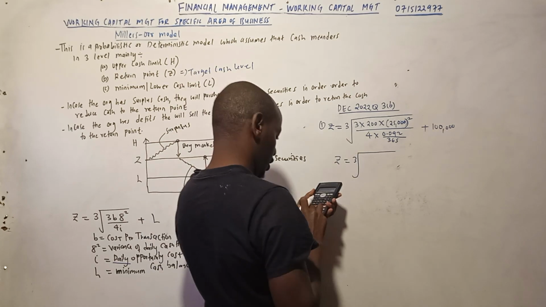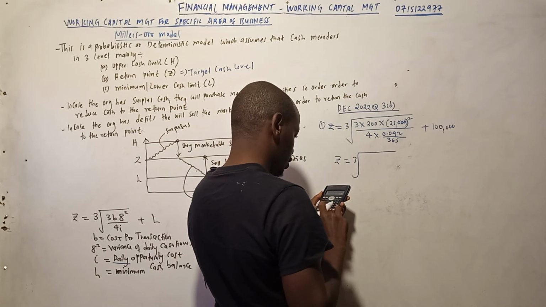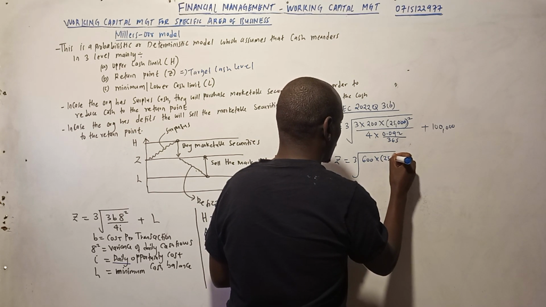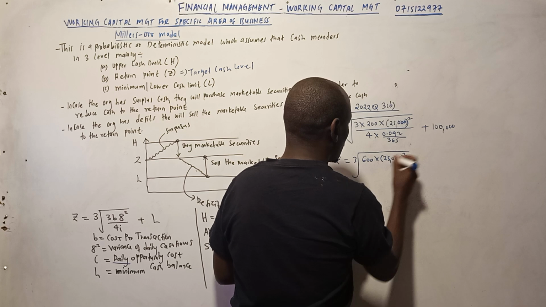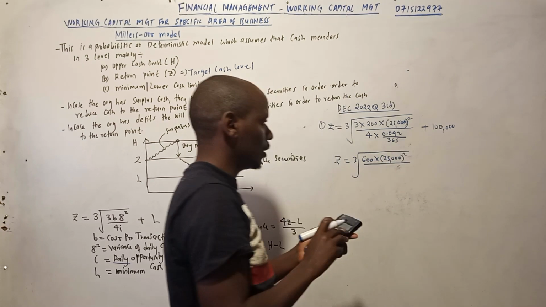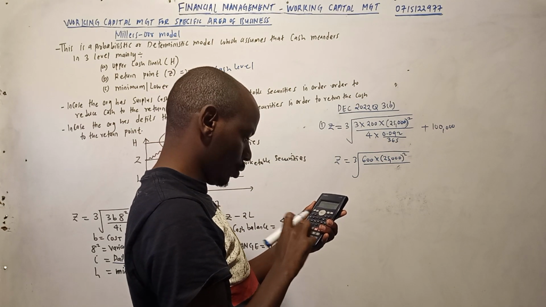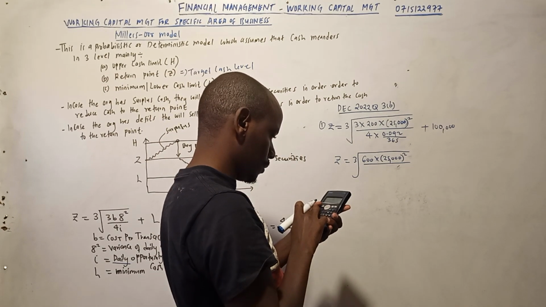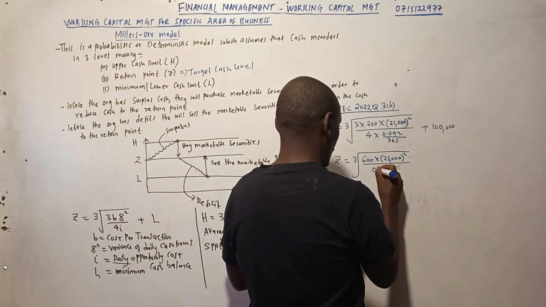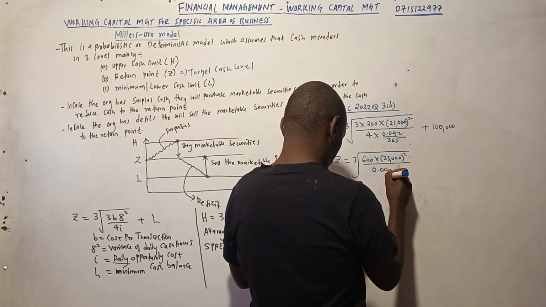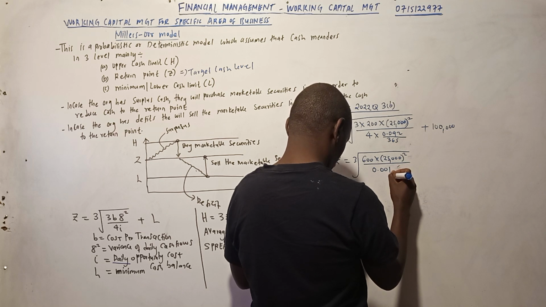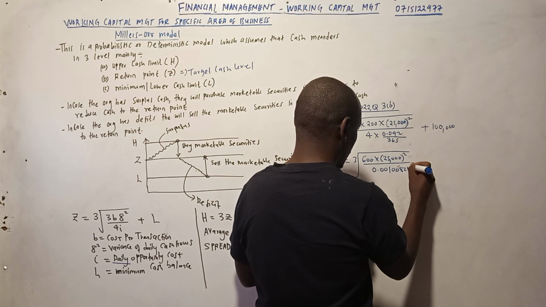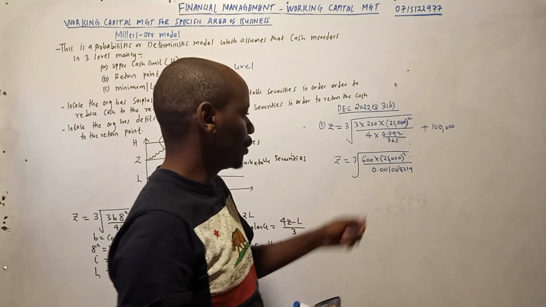So utasema 3 times 200 which is 600 times hii tutaweka tu hivyo kwanza squared. So tutafia chini. So let's find the lower. 4 times 0.092 divided by 365. This one is 0.00001008219.